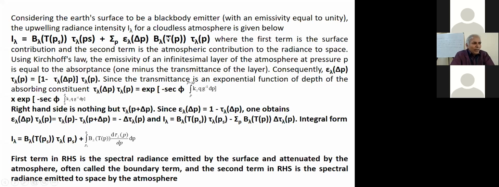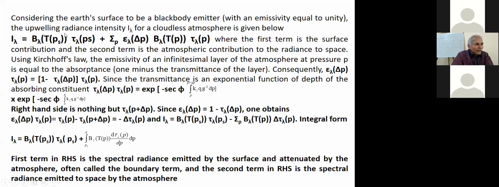So what is the emissivity of that? Emissivity multiplied by this Planck radiance is going to give you the actual amount of radiation that is emitted by one particular layer having a delta P thickness. And if I multiply by the transmittance, that tells you the total contribution received by the radiometer in the satellite from the emission of that particular layer, which is transmitted by the overlying atmosphere to reach the radiometer.